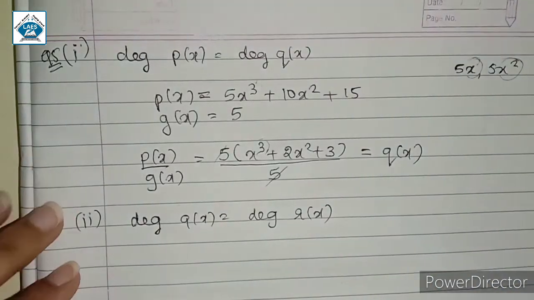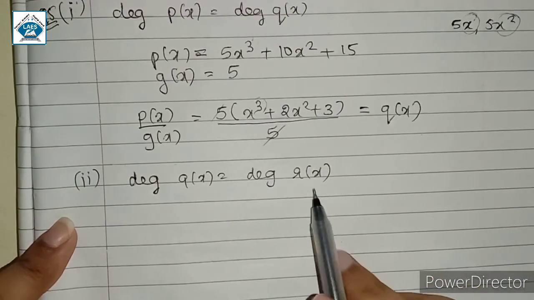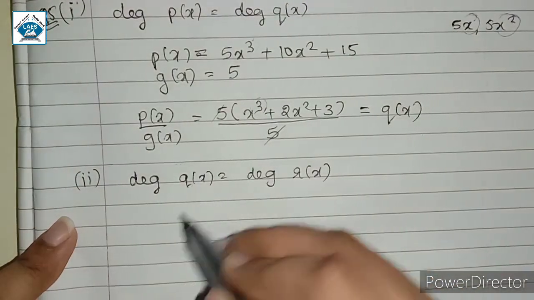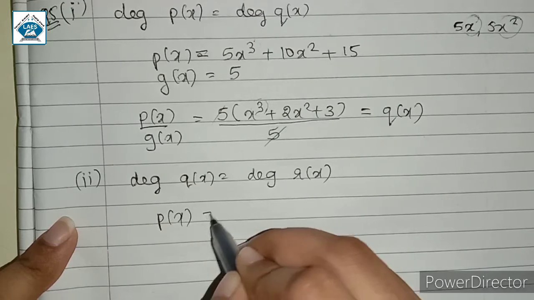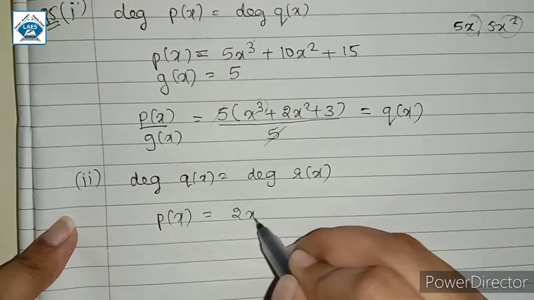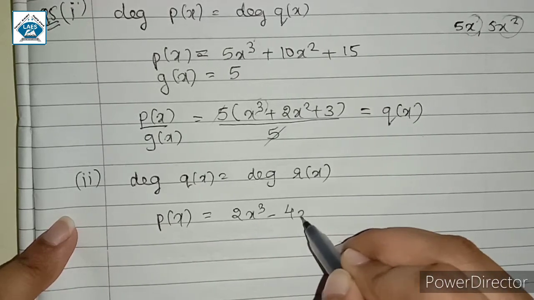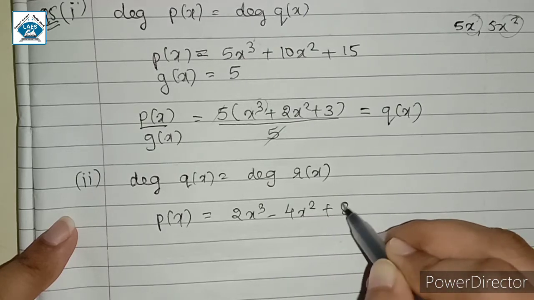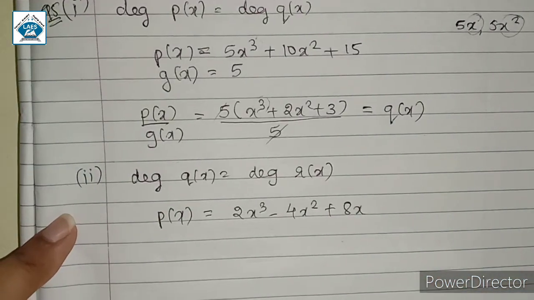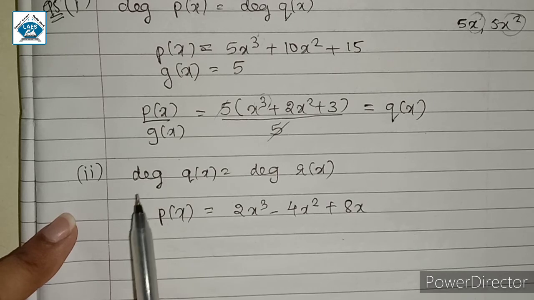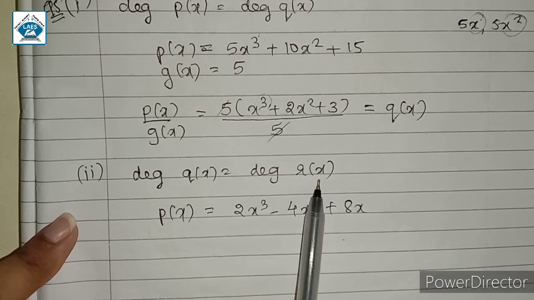That means degree of quotient should be equal to degree of the remainder. So here, let us take any polynomial p(x) which is equal to 2x cube minus 4x square plus 8x. This is the p(x). So here I want degree of q(x) to be equal to degree of r(x).